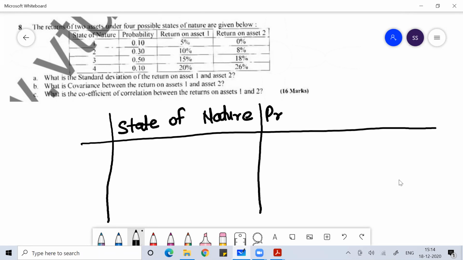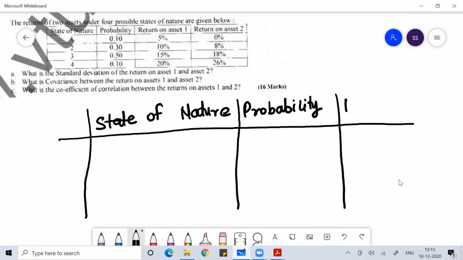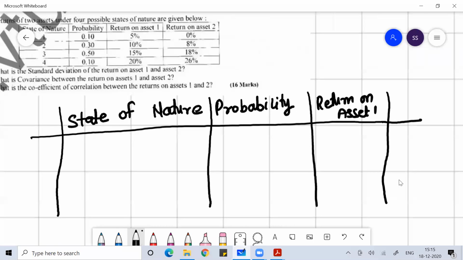So probability. Everyone please refer to these questions. We have state of economy, probability, return on asset 1, and return on asset 2.